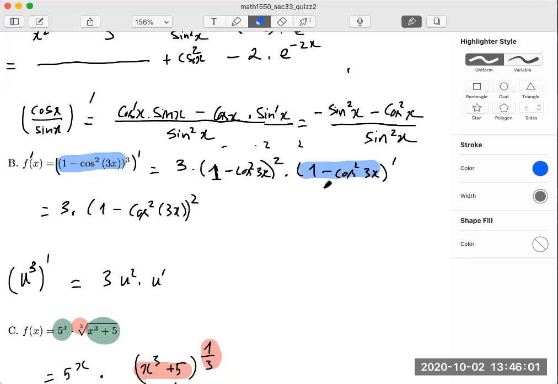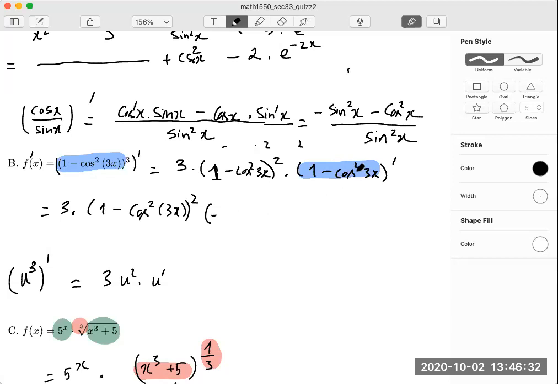The derivative of these two will be the difference of the derivatives. And the derivative of one gives us 0, so we don't need to care about this. But then the derivative of negative cosine squared, right? Again, we can apply this formula again. So for the derivative of this, the negative sign, we just write it here.